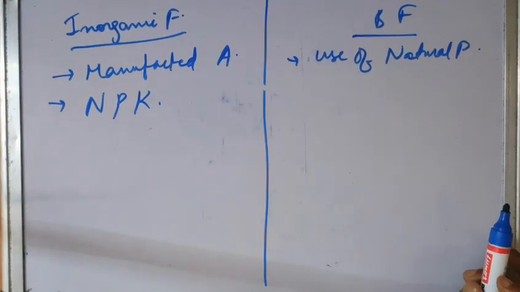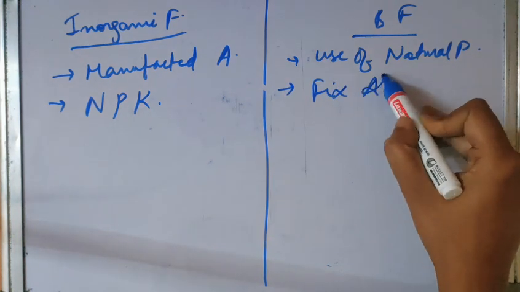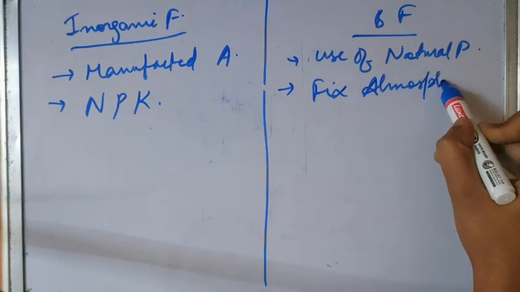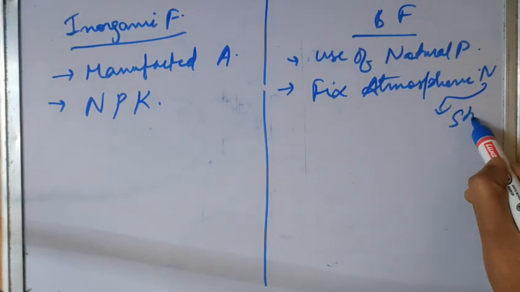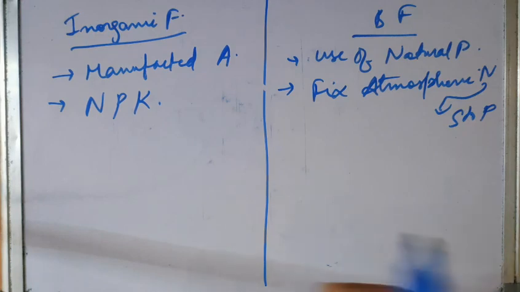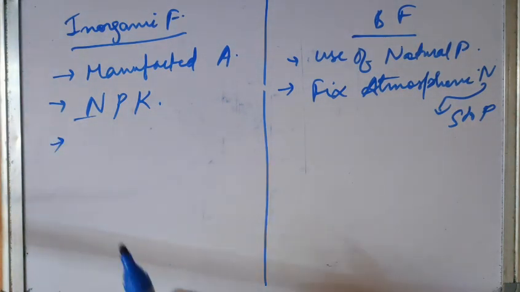Biofertilizers fix atmospheric nitrogen and supply it to plants. They don't primarily contain nitrogen, unlike inorganic fertilizers. Inorganic fertilizers contain higher nutrients.